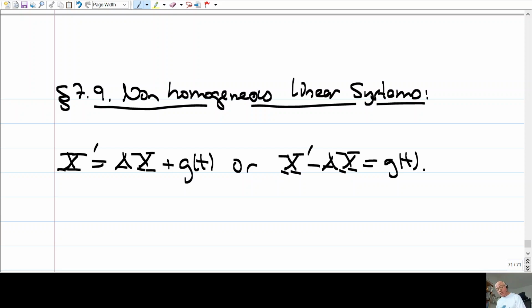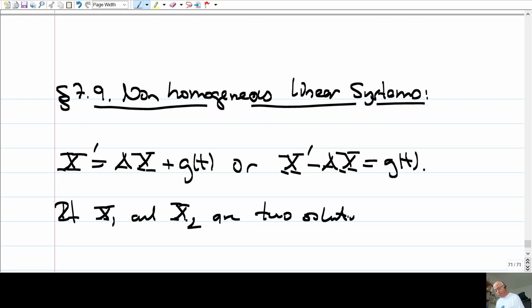The observation is the following. Let's say x1 and x2 are two solutions of the system.